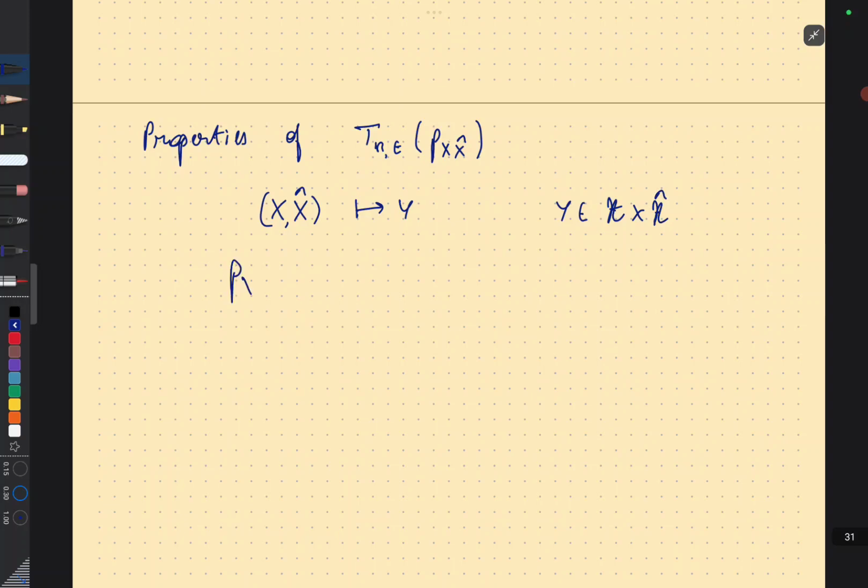Right? So P of x, x hat can essentially be identified with some PMF P of y. So the typical set corresponding to P of x, x hat is just the typical set corresponding to y.